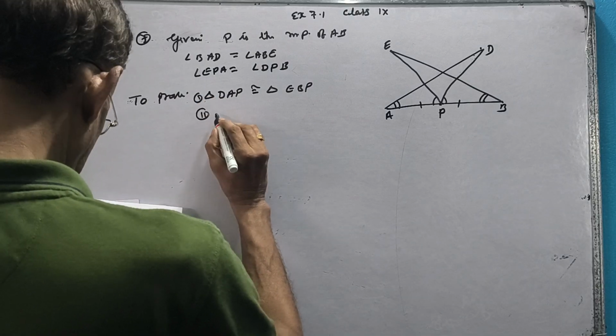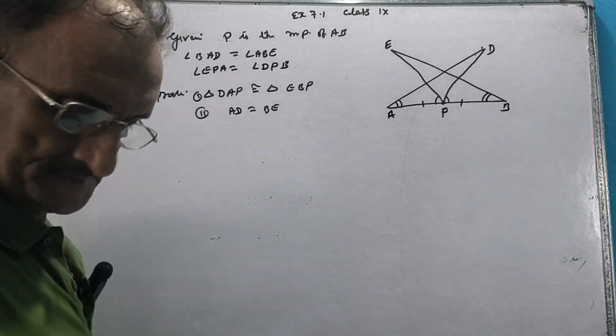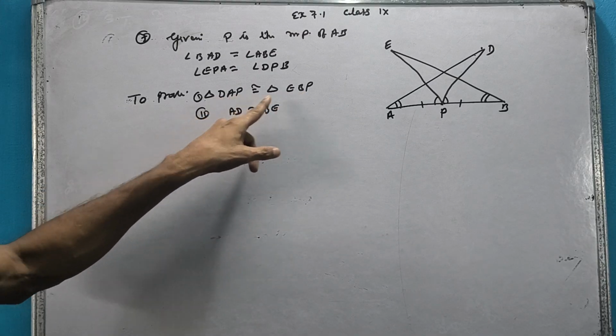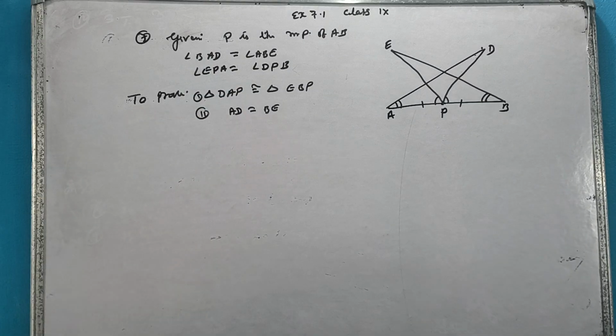And then number 2, AD equal to BE. If we prove this triangle congruent to this triangle, then AD and BE will be equal by CPCT. So the main target is to prove triangle DAP congruent to triangle EBP.